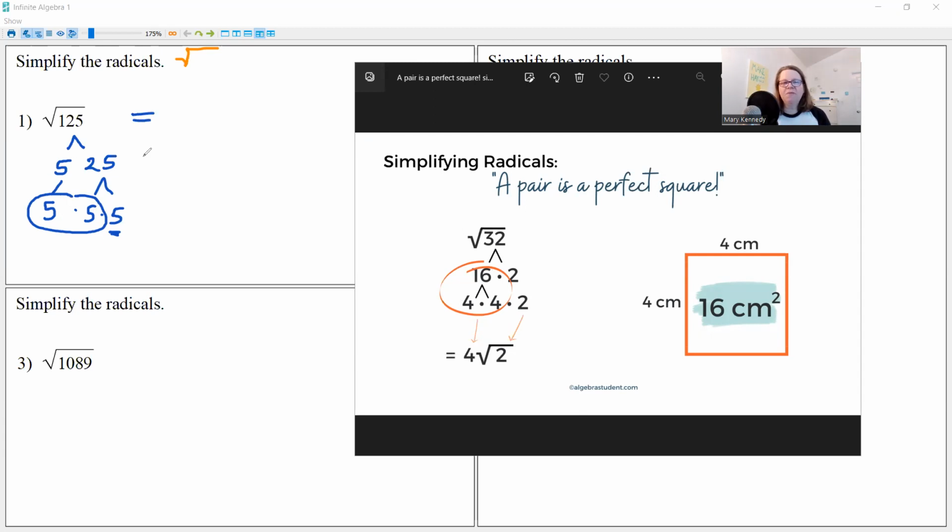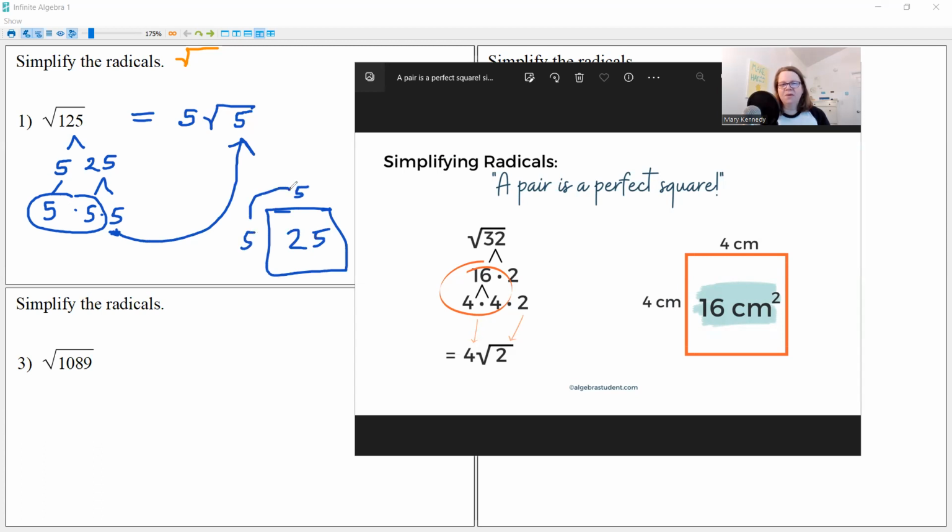And so since we have one, 5 is that square root. And so we're left with a 5 underneath the radical that's still there. So this is the 5 underneath. This perfect square is 5 times 5 is 25. And so that perfect square of 25 is broken into 5 by 5 to create that perfect square.